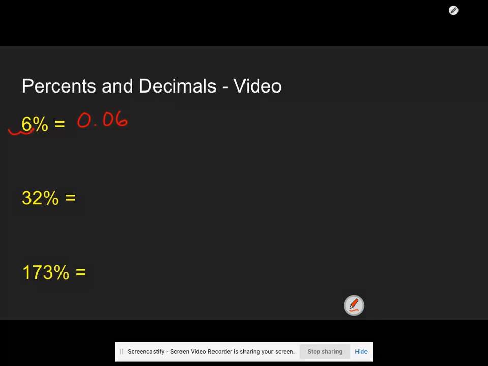Again, moving it 2 places, 1, 2, 32/100ths. And remember, we can have a number over 100%, but still 2 places, 1 and 73/100ths.